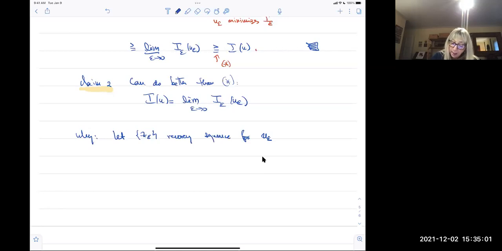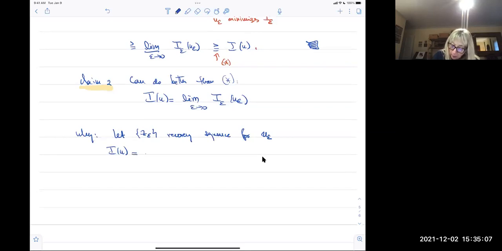Then what I have is that I of U is going to be equal to, that's 2i, the limit in epsilon of I epsilon of Z epsilon. But again, the U epsilons minimize the energy.